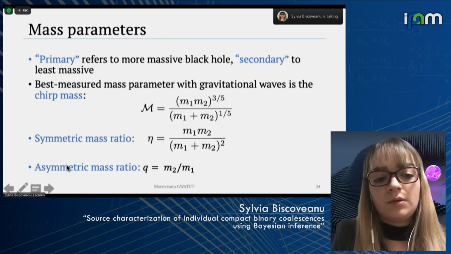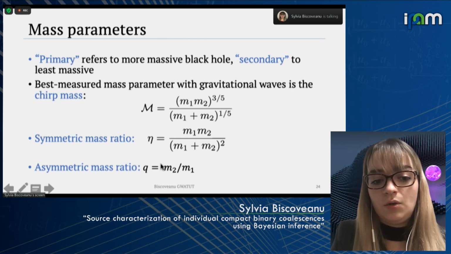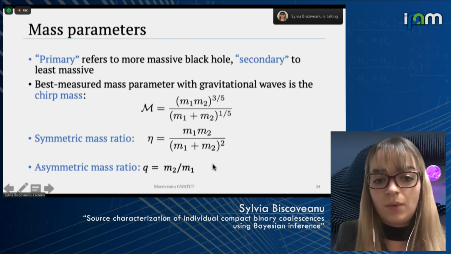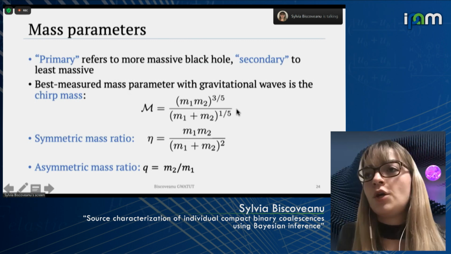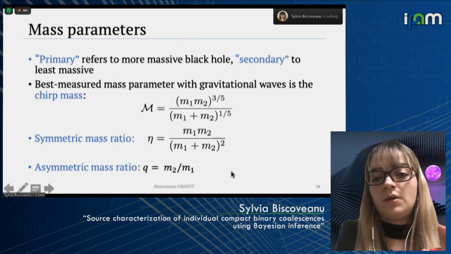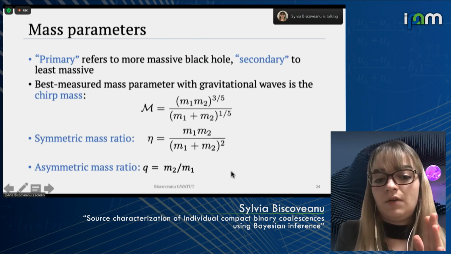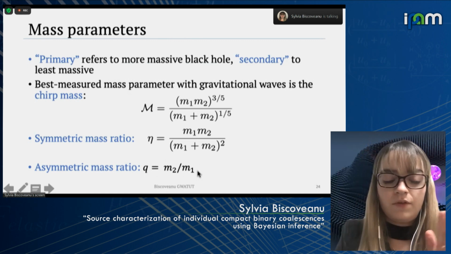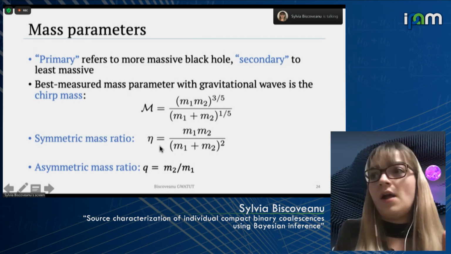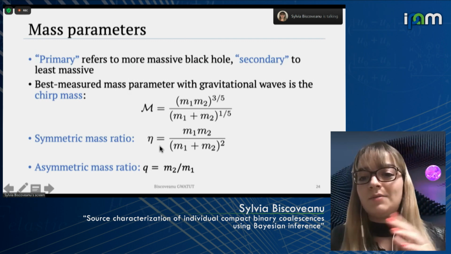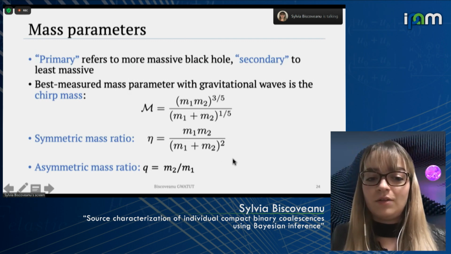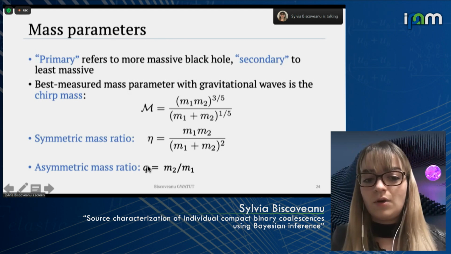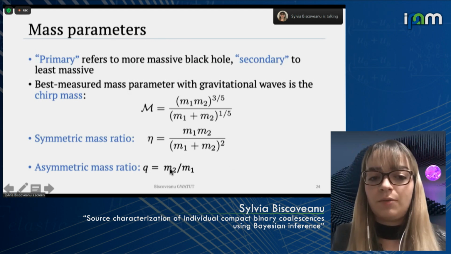But we can also work with the asymmetric mass ratio, which is defined as q equals m2 divided by m1. And so in this case, q is constrained to be between 0 and 1 because m2 is the less massive of the two. While in numerical relativity, sometimes this convention is different, and the relativists like to use q greater than 1, so you would just take the reciprocal of this.